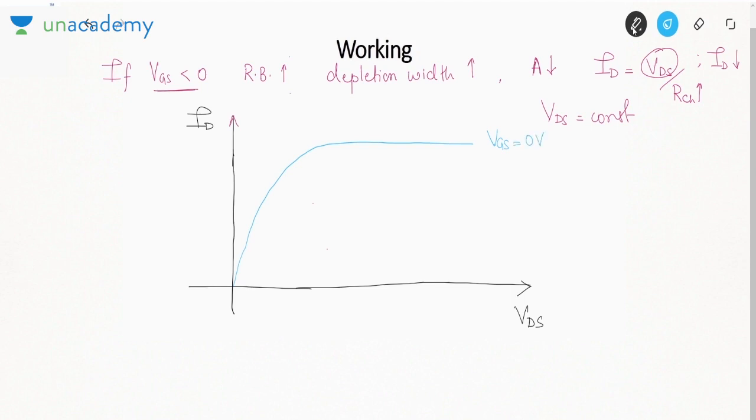Now if you increase the value of VGS, then what happens? Then drain current must reduce. So if we make VGS negative, the drain current reduces. If you make it more negative, the drain current will further reduce.